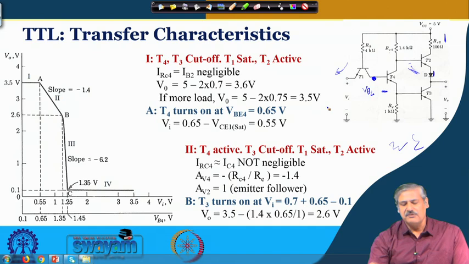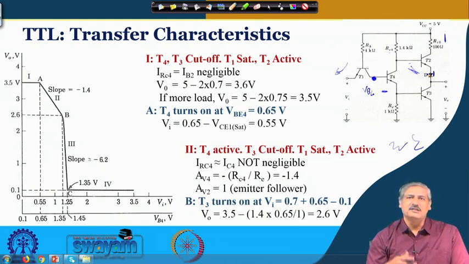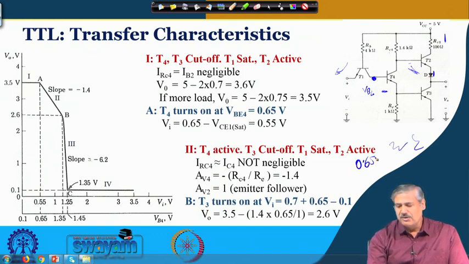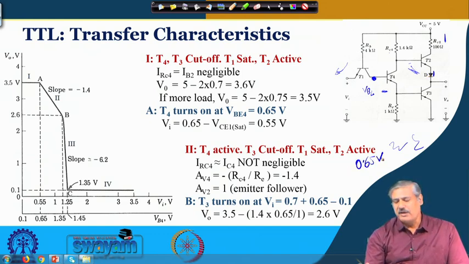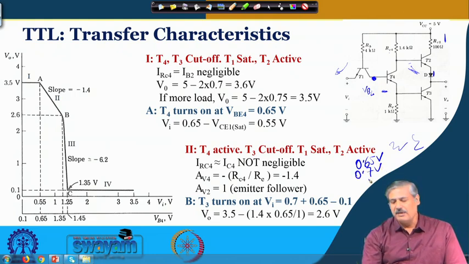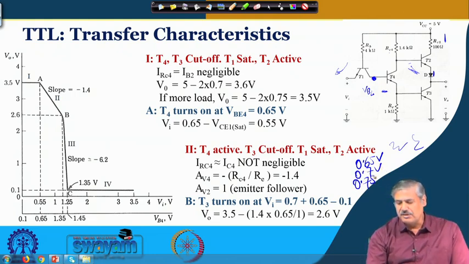For a large amount of current, if it is drawn by the load, both of them can go into saturation. At that time these two drops will be 0.75 volt or so. In this part of the discussion, we consider that when the transistor just begins to be on, the base emitter junction voltage is 0.65 volt. Just as it starts operating, becomes active, 0.7 volt when it is active, and when it is in saturation it is 0.75 volt.